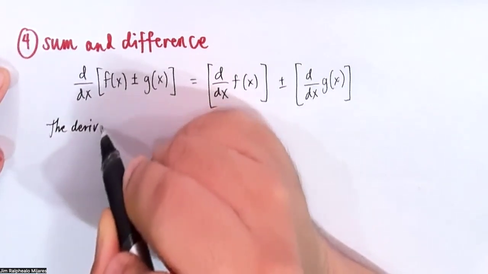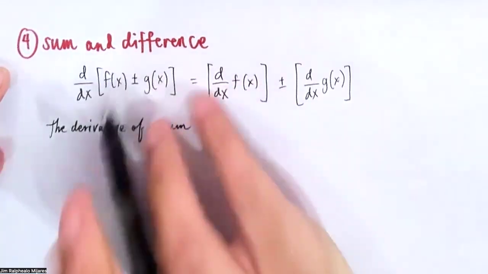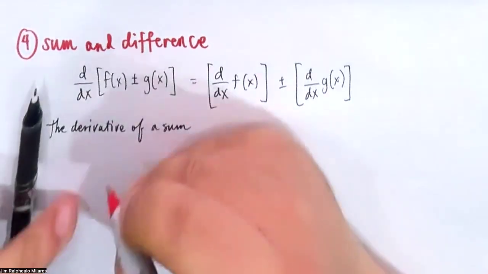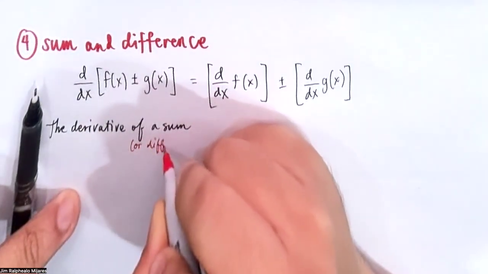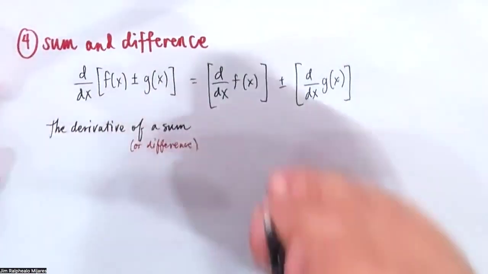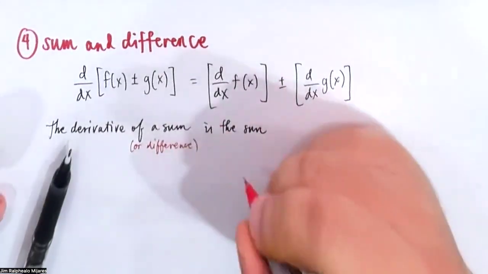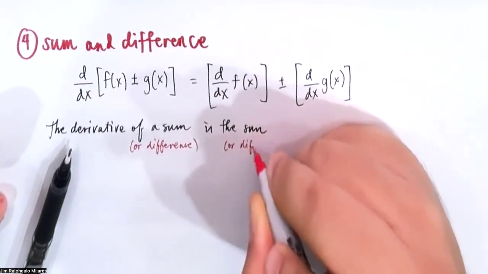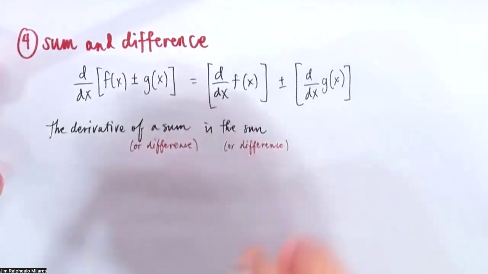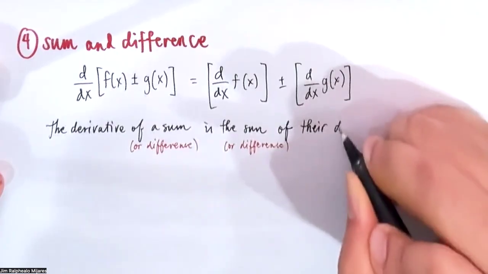The derivative of a sum or difference is the sum of their derivatives.